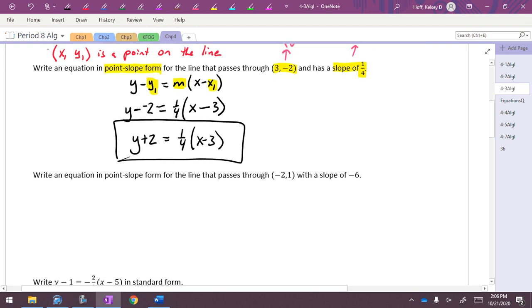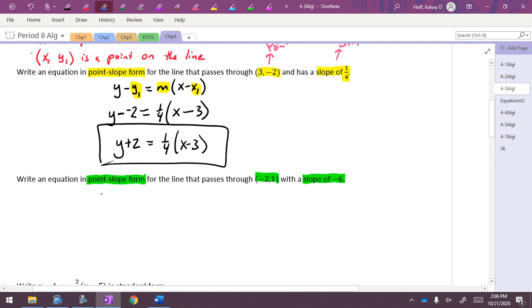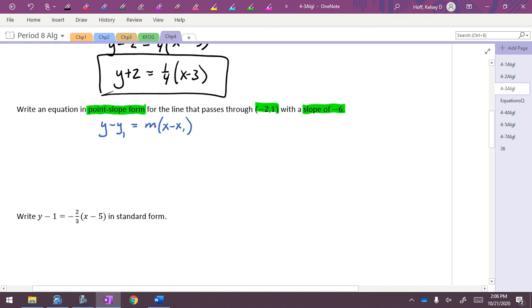Write an equation in point slope form for the line that passes through (-2, 1) and has a slope of -6. y minus 1 equals -6 parenthesis x minus -2.